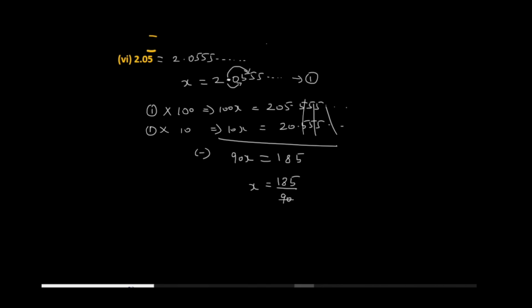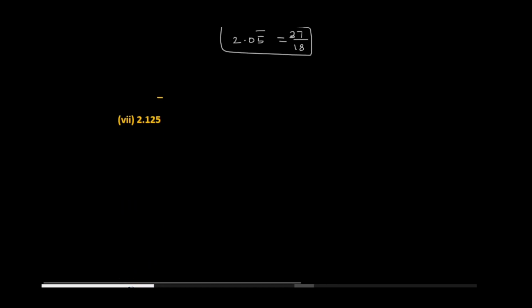We can cancel with 5. 18 times 5 is 90, and 37 times 5 is 185. So 37 by 18. x is equal to 37 by 18 means the p by q form of 2.05 bar is nothing but 37 by 18.